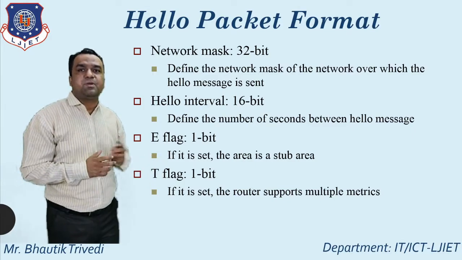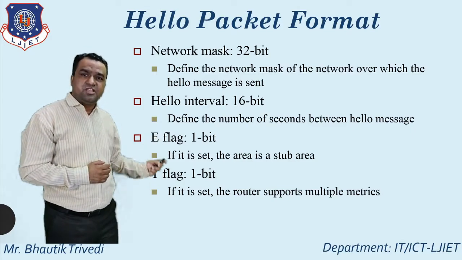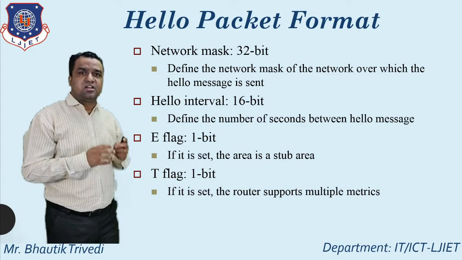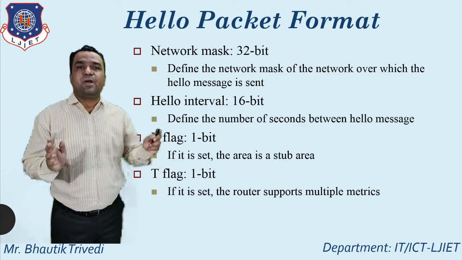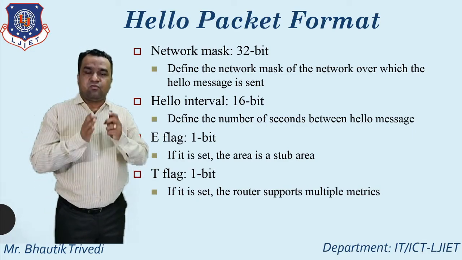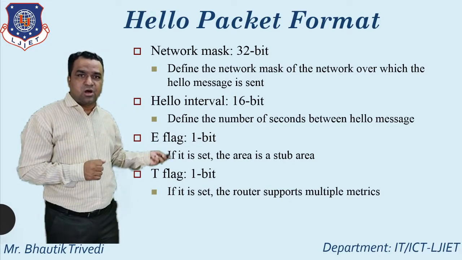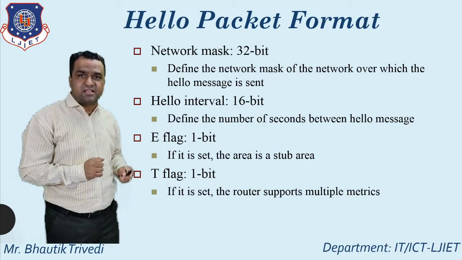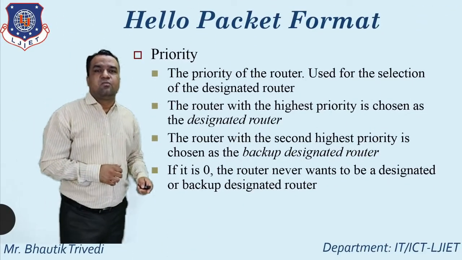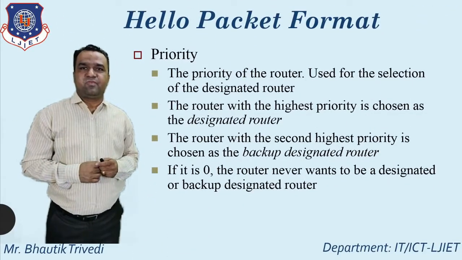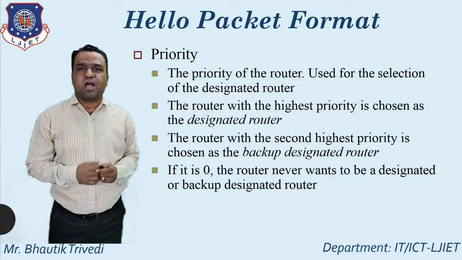What is the meaning of the T flag? If this particular flag is set, the router supports multiple metrics. Here, metrics are a kind of costing. The router supports multiple metrics. After that, what is the meaning of priority here? All of you know the meaning of priority.